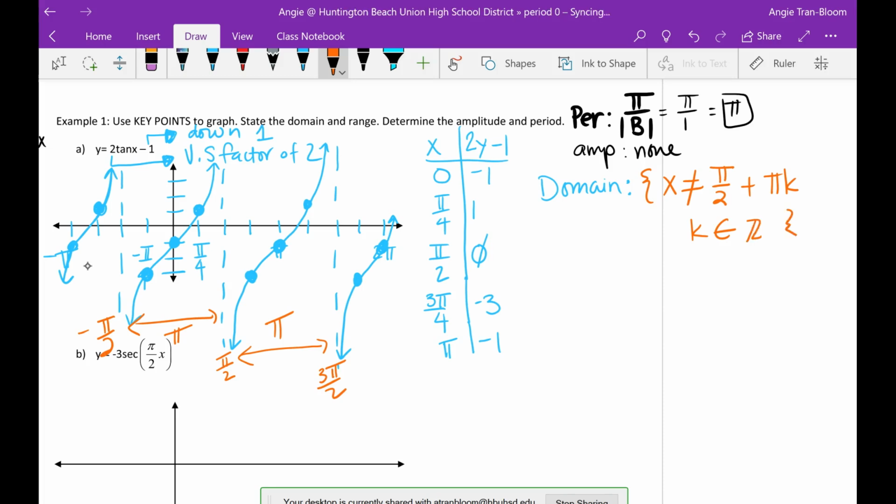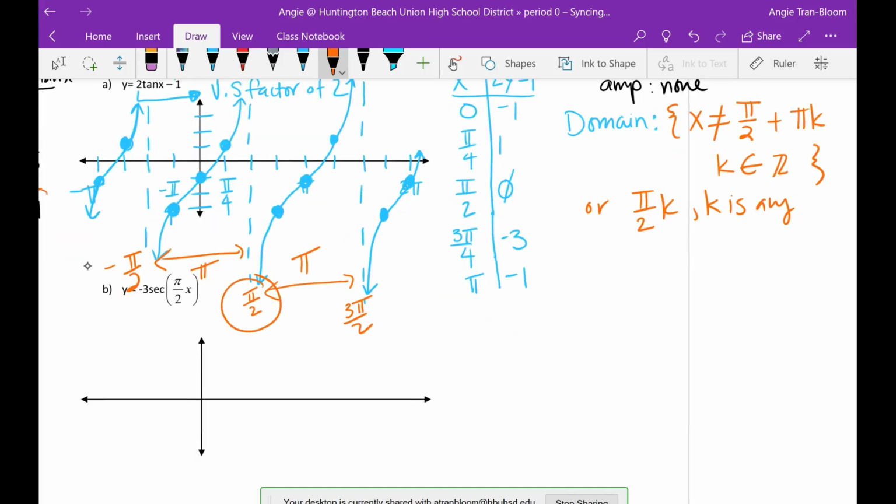Any integer, perfect. Or could I say pi over 2k, where k is what? What kind of integer is k if I don't feel like writing plus pi k? If I just want to write pi over 2k, where k is, what are these?